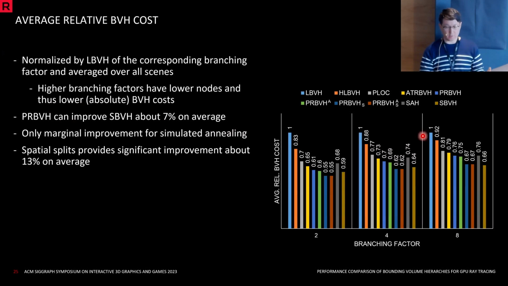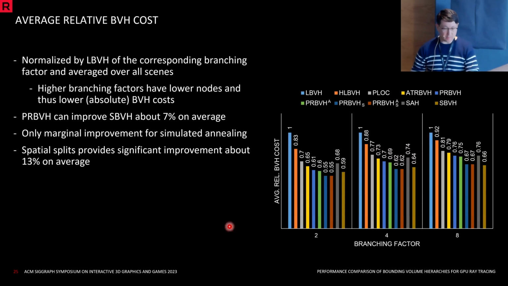The reason to do that is that we really cannot compare cost across different branching factors, because with increasing branching factor, the cost decreases as there are fewer internal nodes. But this lower cost is not really reflected in the tracing times.